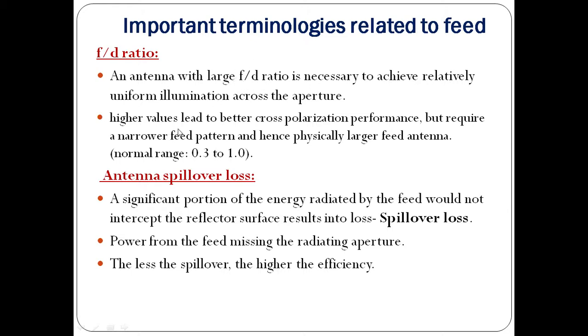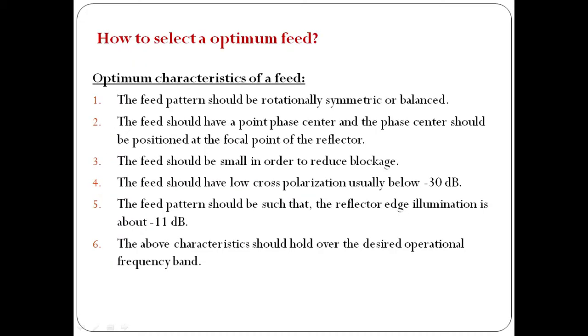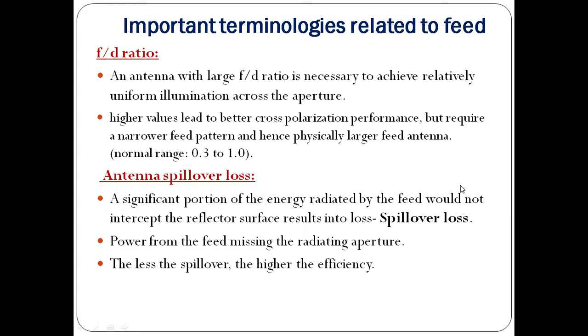The higher values of F/D will lead to better cross polarization performance. We know that there should be low cross polarization, usually below minus 30 dB. In order to achieve that property, we have to take the larger value of F/D, and usually the range will be chosen between 0.3 to 1.